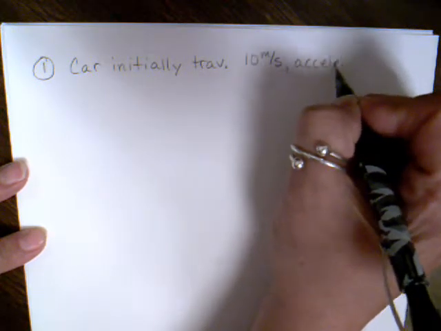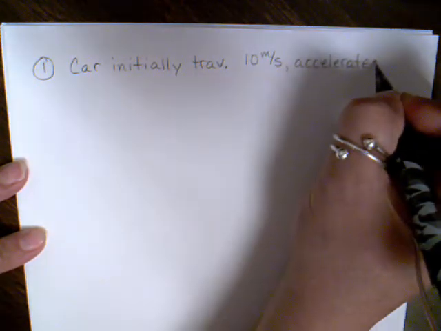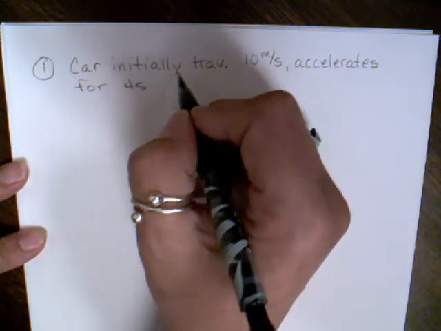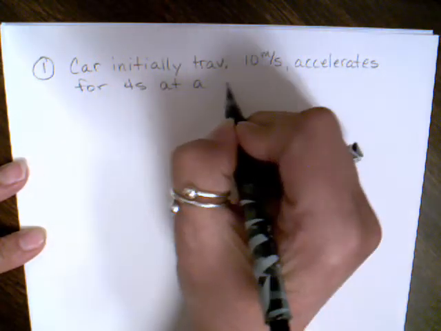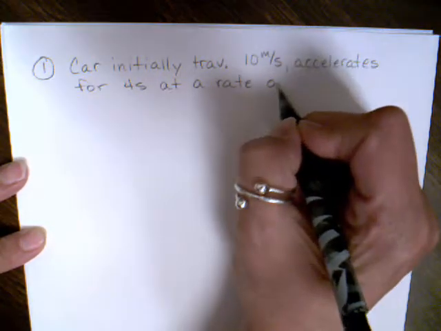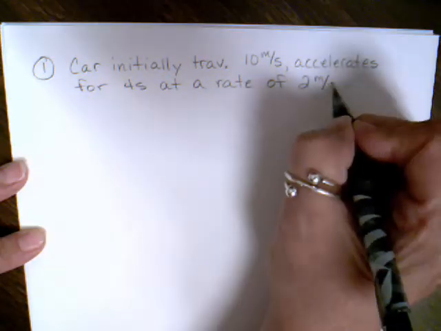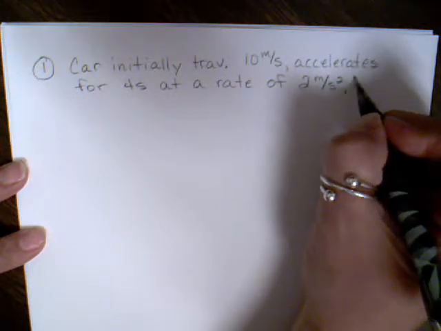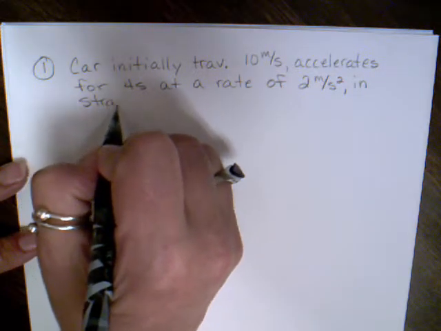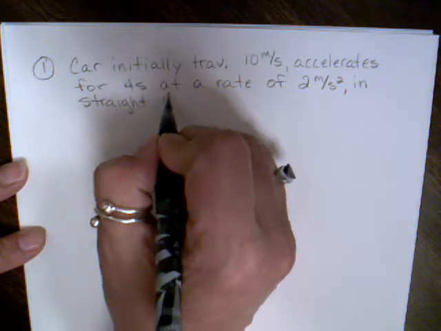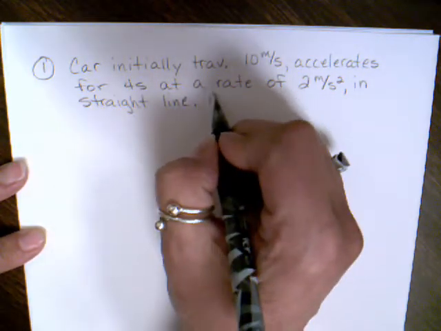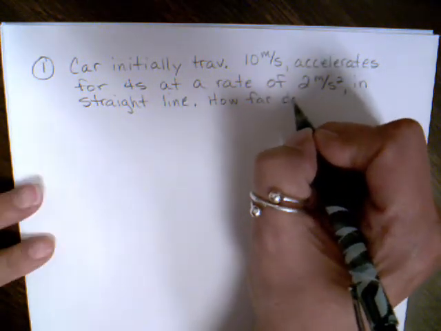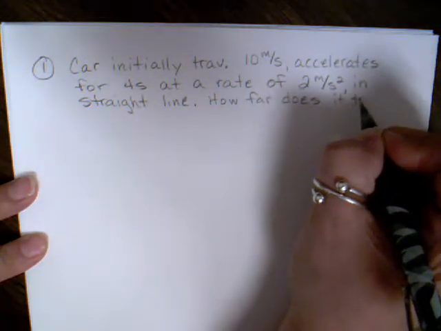It accelerates for 4 seconds at a rate of 2 meters per second squared. In a straight line. That's going to tell us that it's one-dimensional motion. How far does it travel?